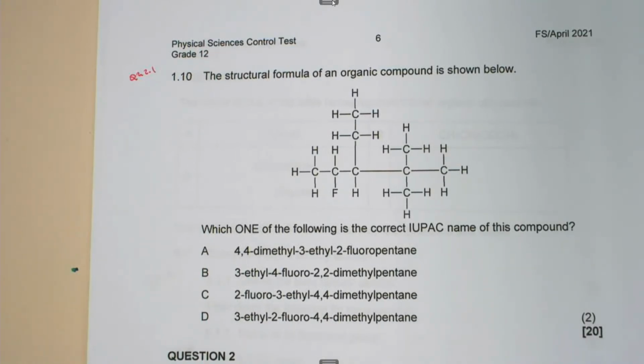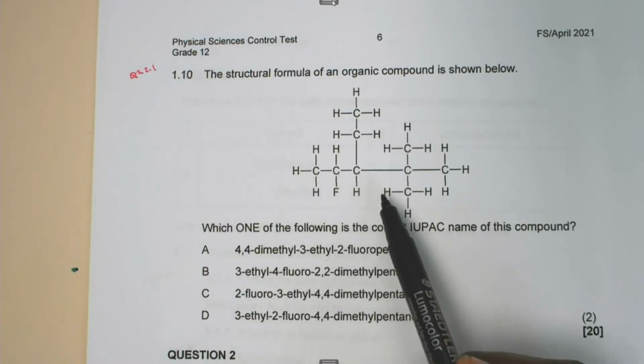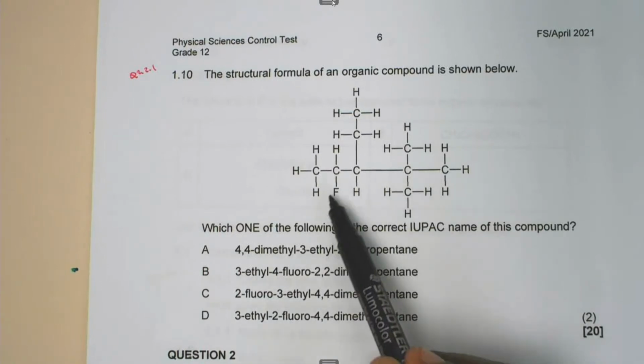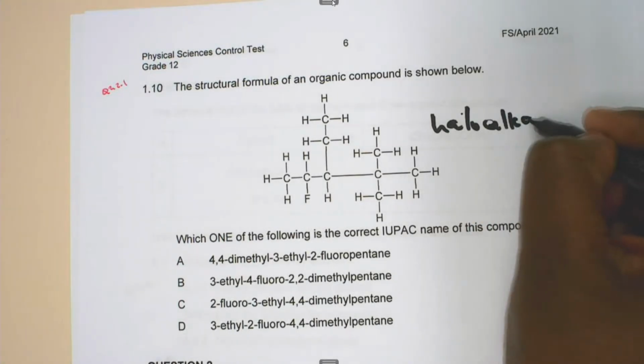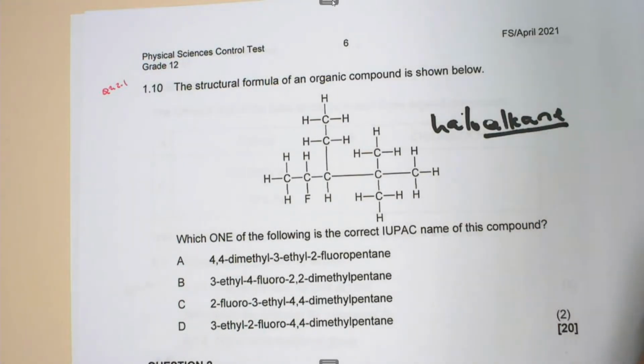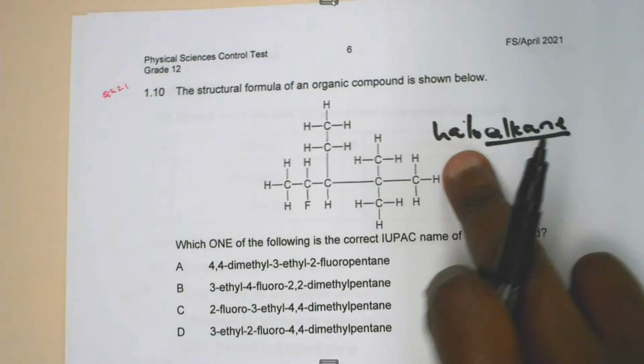In the internal moderators report, it is written there that learners treat the functional group as if, now when we start counting the number of carbon atoms, it takes preference. Remember, this is a haloalkane. So the rules that apply there are the rules of alkanes. It is just an alkane with a halogen.